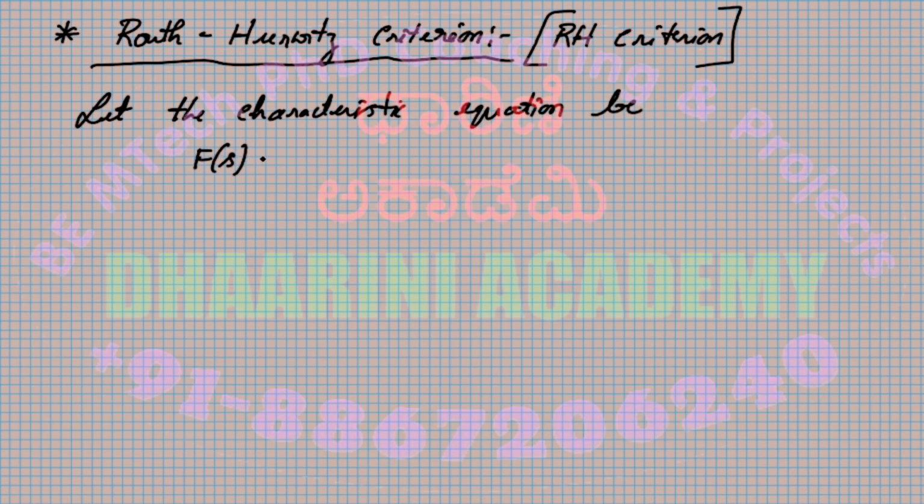f of s is equal to a0 s to the power n plus a1 s to the power n minus 1. So you see the power keeps on reducing. Like in the previous case, n was 3, s to the power 3. Next is s to the power 2, followed by reducing powers.